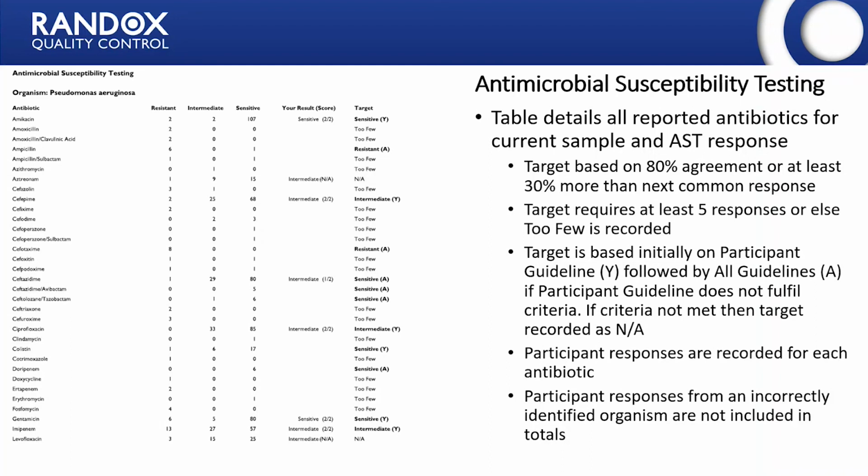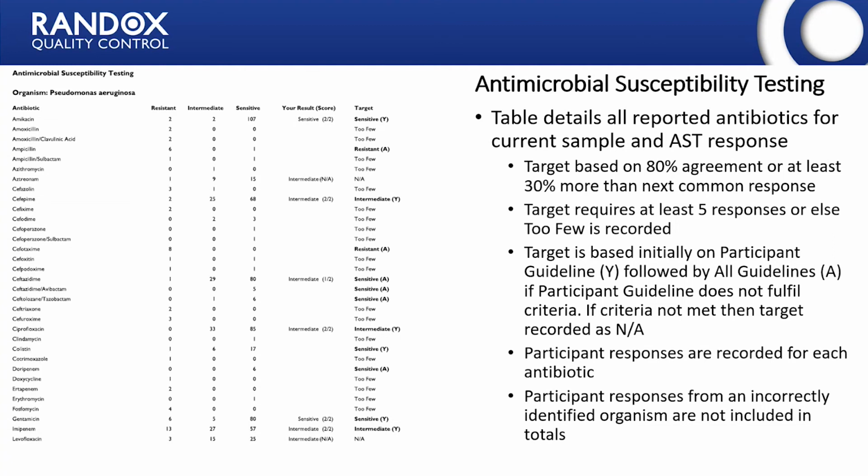That's not the case at all. They will have, as part of their lab protocol, a set number of antibiotics that they will test for. But it's useful information for the labs to see what other labs that are using the same guidelines as themselves are using in the clinical situation for treatment.